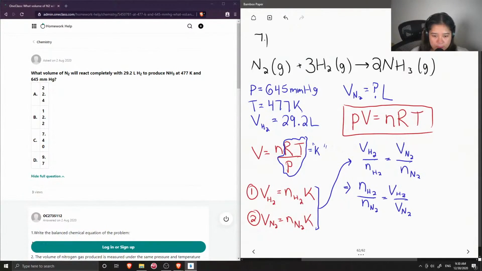Okay, so just some rearranging of the equation. And now we can kind of plug in everything that we know.